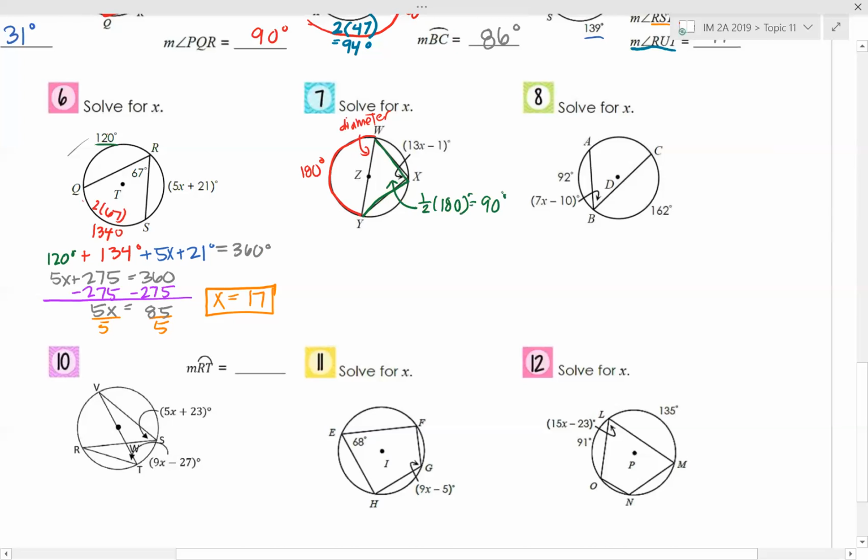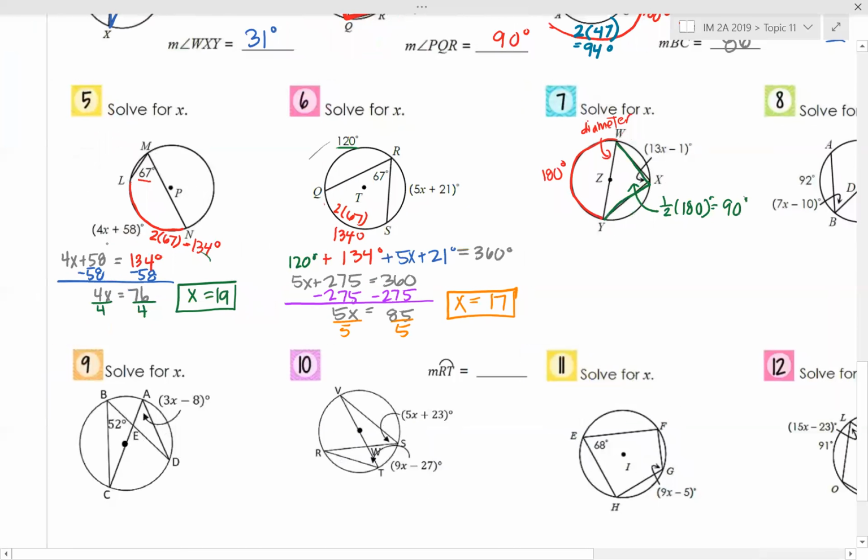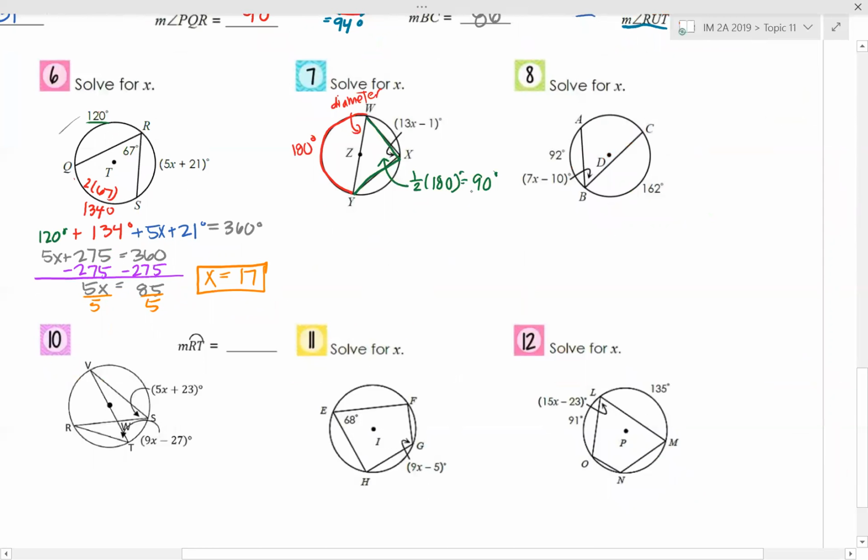So what I can do, just like we did in problem 5, we knew what the arc was and we had an expression for it. Now we figured out what the inscribed angle is. It's 90 and we have an expression for it. We can solve for x by setting those two equal to one another. So we've got the 13x minus 1. We know that that must be 90.